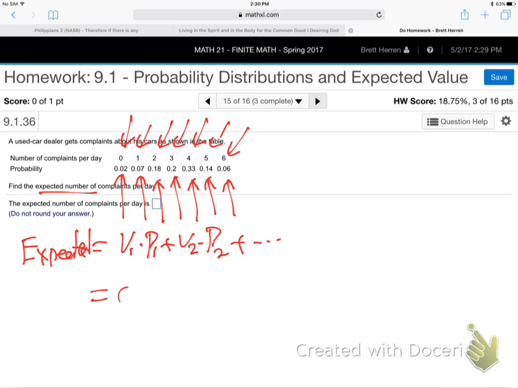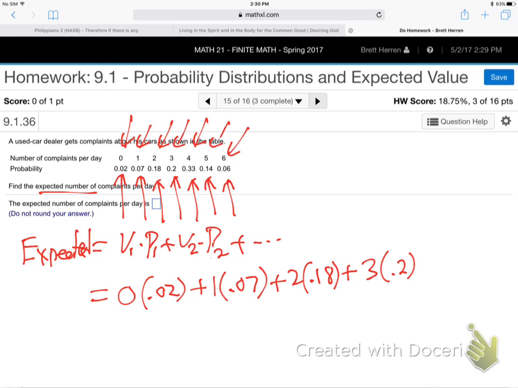So 0 times 0.02, plus 1 times 0.07, plus 2 times 0.18, plus 3 times 0.2, plus 4 times 0.33, plus 5 times 0.14, plus 6 times 0.06. And that's all there is to it. There's no cost in this one, so we don't have to subtract a cost. When there's a cost to play the game, that's at the end.